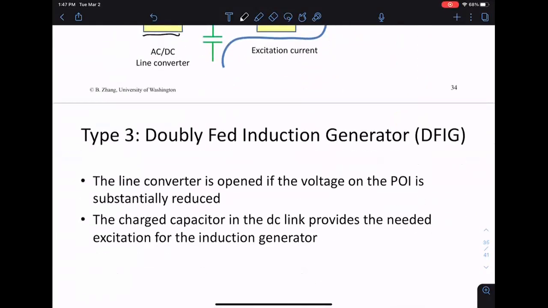So you have an induction generator, and you pull current out of this capacitor, and that helps you maintain the voltage on the induction generator. This is an important capacitor, and sizing it is an important job when designing this type of turbine. There are a lot of details that go into this kind of design.